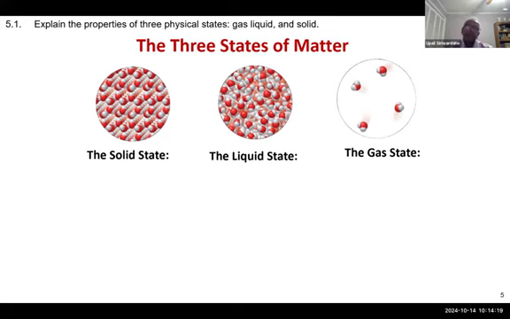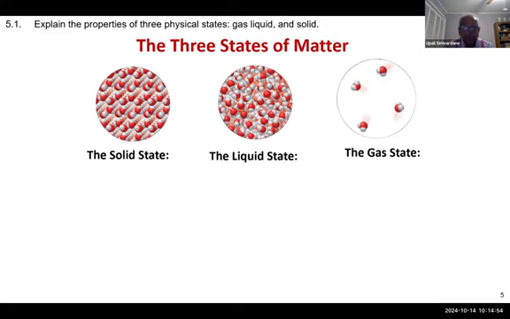You can see solid state has regular order in the solid. Water molecules are stacked nicely. Liquid state is disorderly, but both of them, water is an example here.